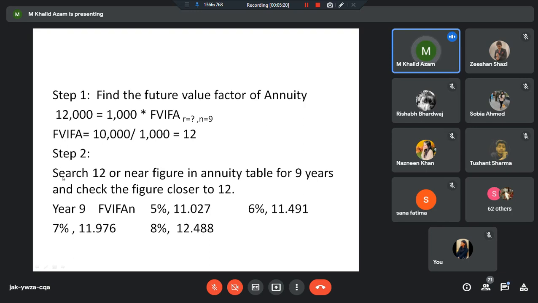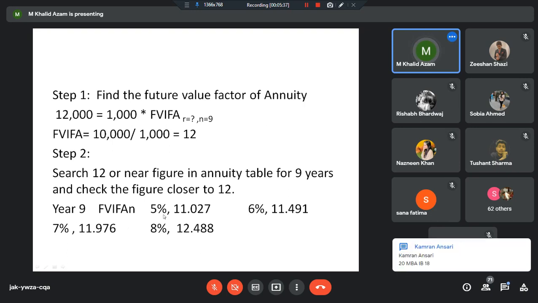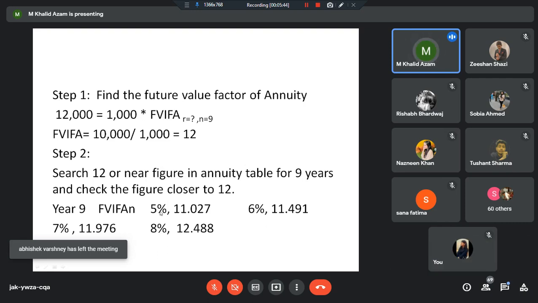The second step: search for 12 or a near figure in the annuity table for 9 years, because you are getting the amount after 9 years, and check the figure closer to 12. Now I have written it so that in the 9th year, at 5% compounding, the value of 1 rupee is 11.027.